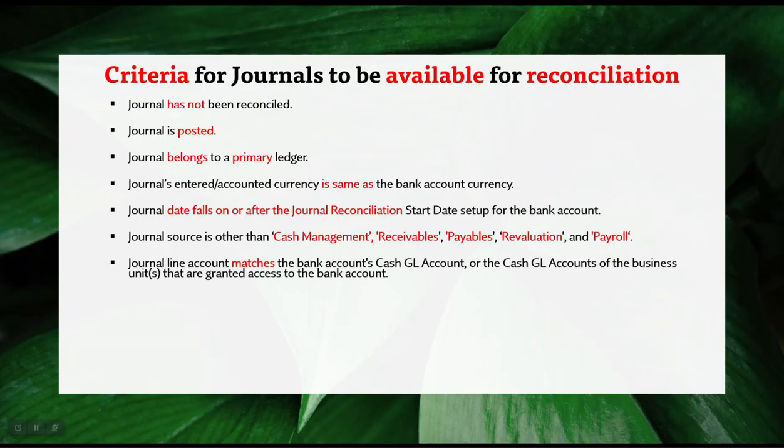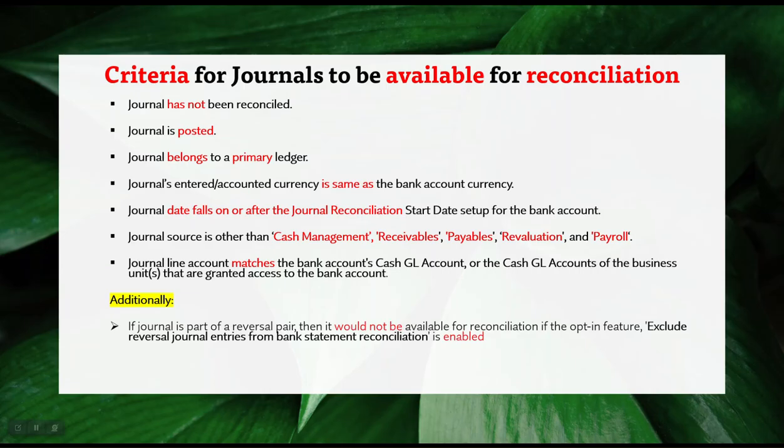Before we do our practice, we will go to the bank account to check the GL cash account there, either in the bank account statement, in the first step, the general or control tab, or in the business unit tab. Additionally, there are two more things. If your journal is part of a reversal pair, then it will not be available for reconciliation if the opt-in feature Exclude reversal journal entries from bank statement reconciliation is enabled.